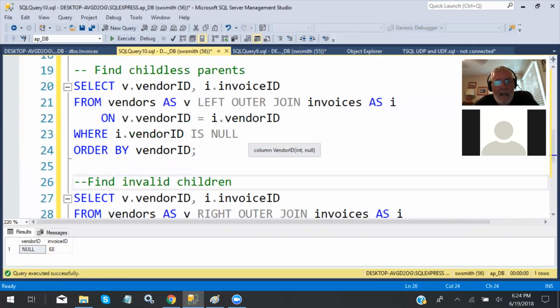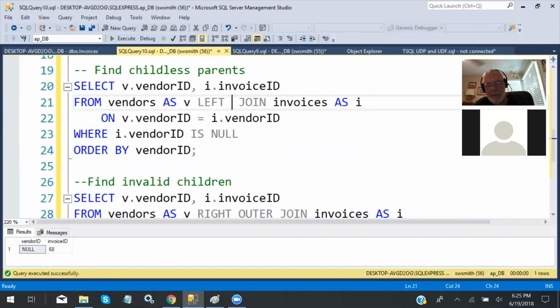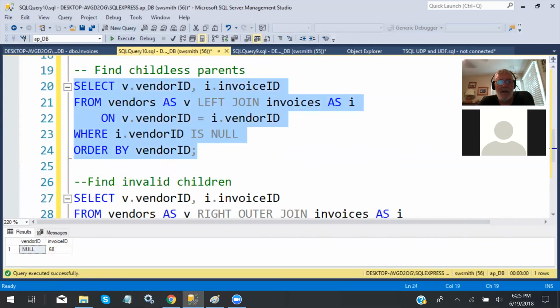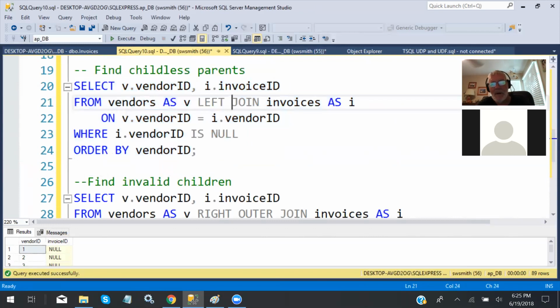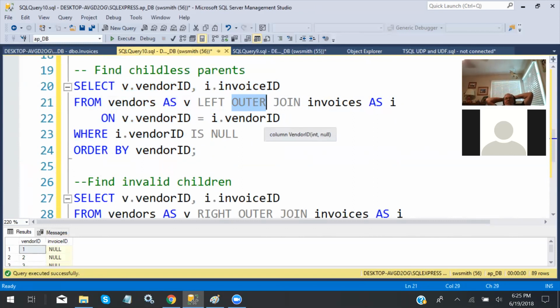Okay. Like the inner join, I can drop off the term outer and just say left join, and it will work until I grade it, and then it won't work anymore. So if you're going to do a left join, make sure you say left outer join. You never say join without either the word inner or outer preceding it.